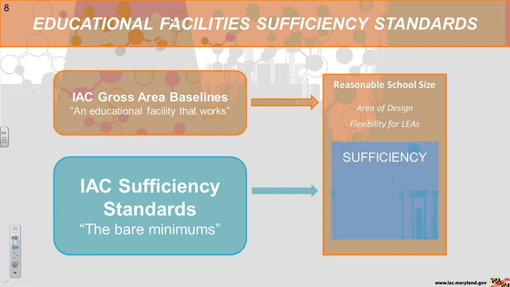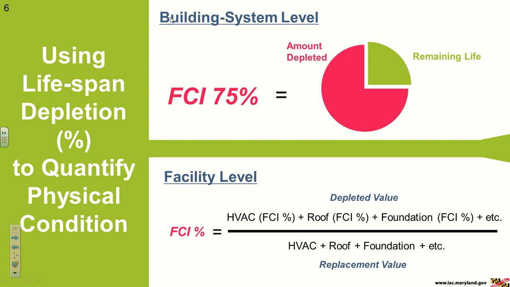Let me go backwards. One good example was on slide number 12, where we were looking at a building system level as the FCI comparison. This one here, how you will calculate the FCI. Thank you, that is the right slide.